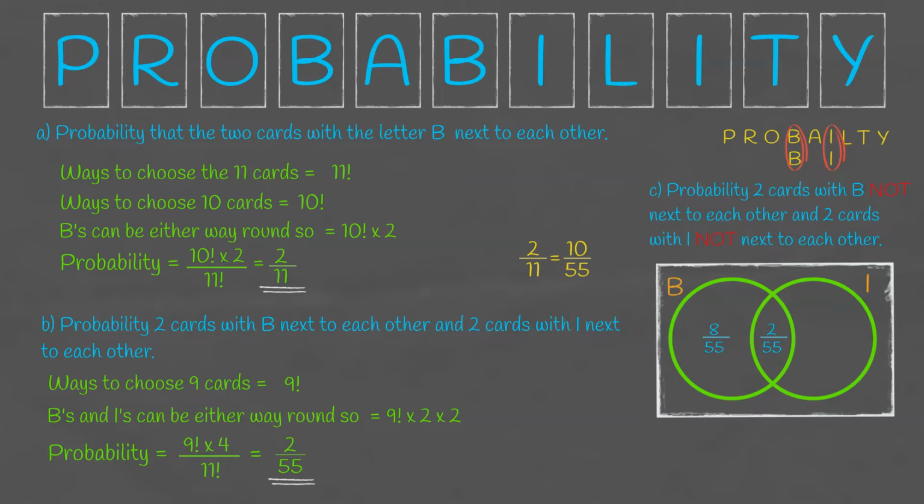Because there are also 2 I's, we know that the number will also be the same in this section. And because we know the total probability has to be 1, then if we subtract these numbers from 1, we'll get the probability that the B cards are not next to each other and the I cards are not next to each other, and the probability is 37 over 55.